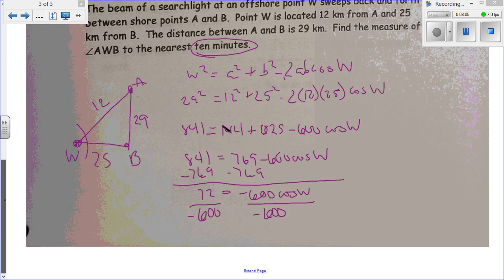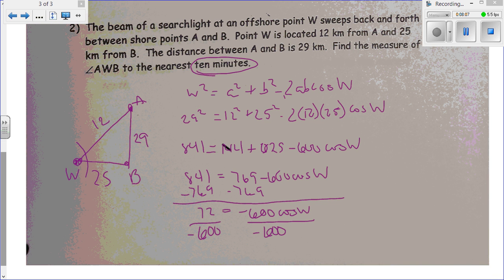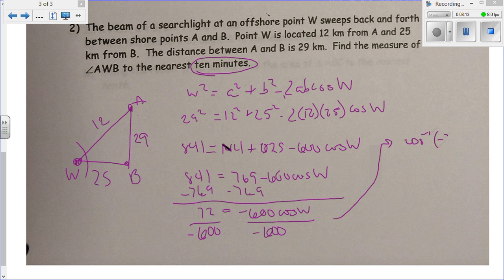And the inverse cosine of negative 72 over 600 is what's equal to W. And that is 96.89210258. I need to turn it into degrees, minutes, seconds.